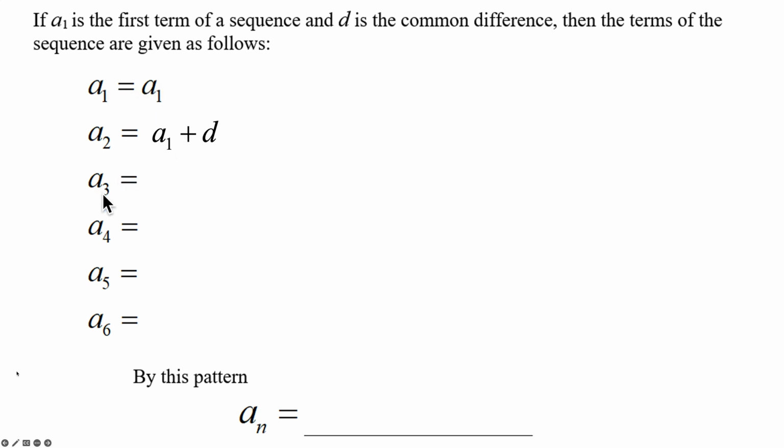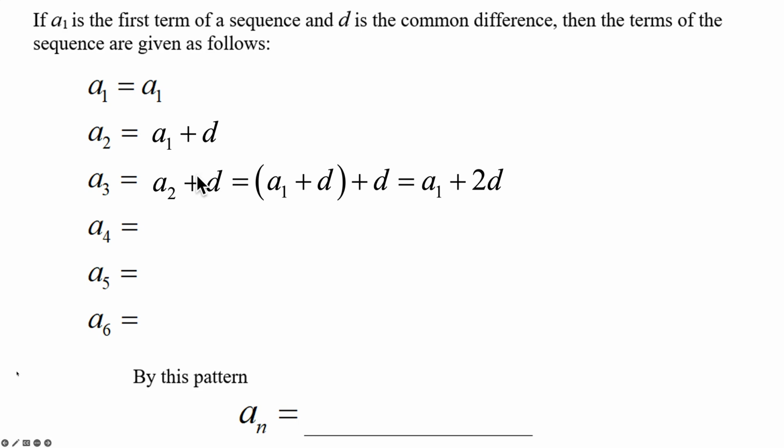A sub 3 is going to be the previous term a sub 2 plus a D. Okay, we said we wanted to create a pattern with just D's and a sub 1 in it. So I'm going to take a sub 1 plus D and replace a sub 2. Add the two D's, makes it a sub 1 plus 2D.